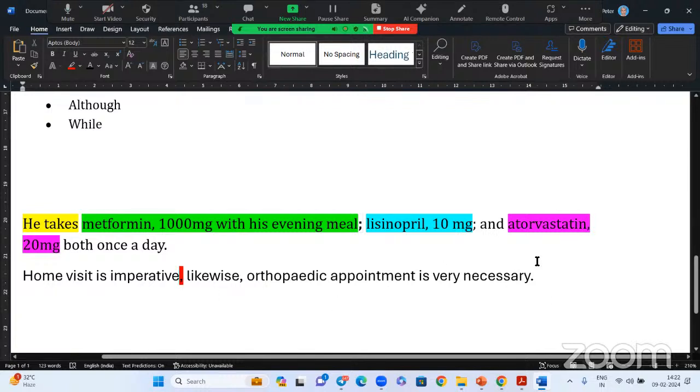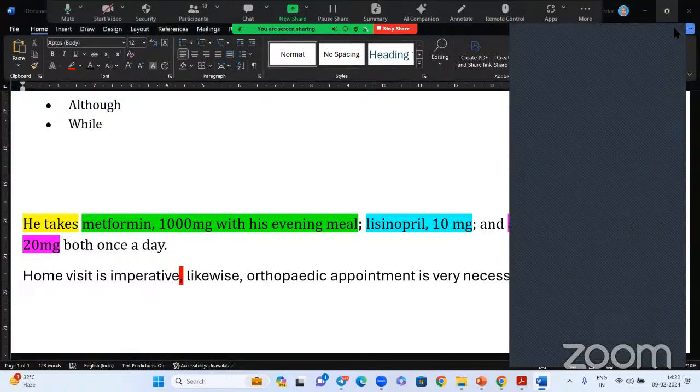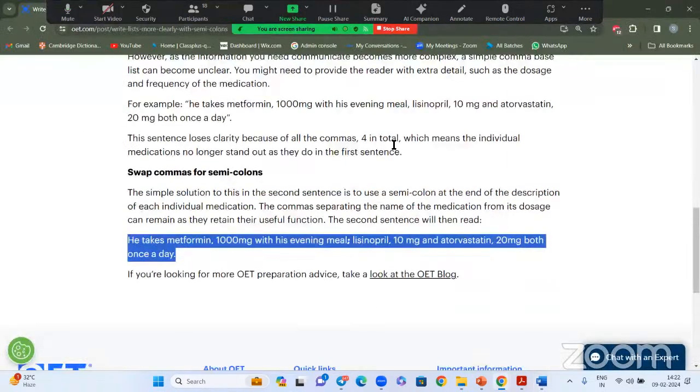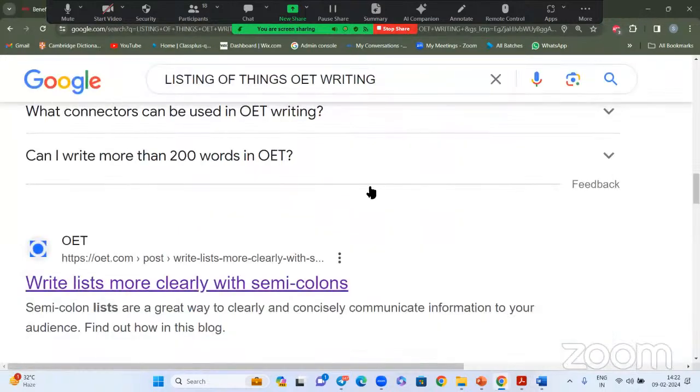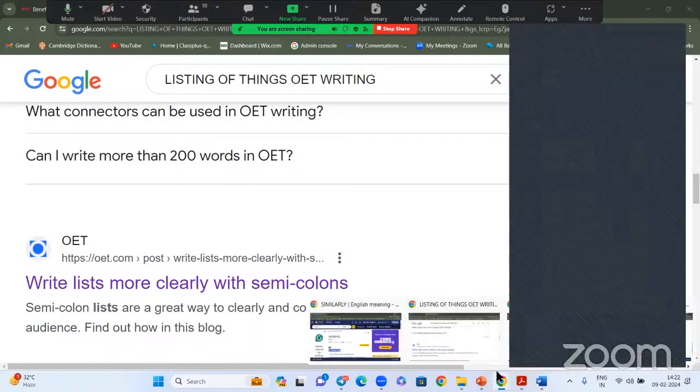But it will definitely get B plus, not A grade. One small mistake, but A grade quality will get B plus. So try to use listing of things like this. This is called listing of things, right? Next, now we are going to use the words. Make sentences using the words.